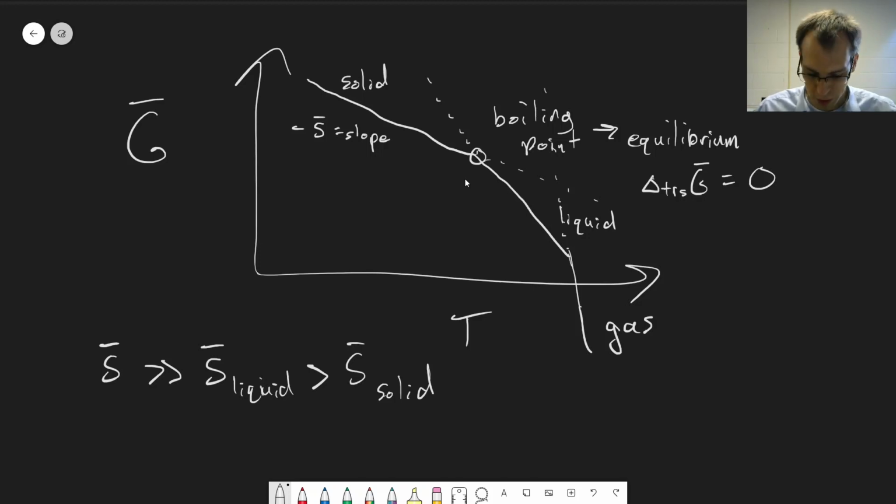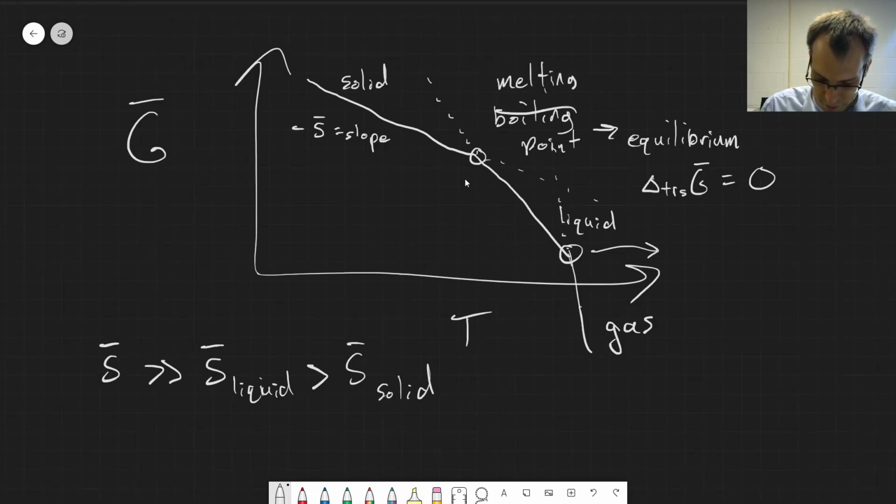And so we're going to end up with a third point here. Oh, that's not the boiling point. This is the melting point. And gas to liquid, this is the boiling point. I have this written wrong in my notes.